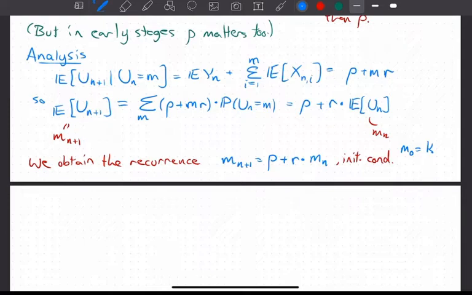In all of my examples, I'll be taking k equals 9, just because 9 is the number of confirmed cases in Quebec at the moment.